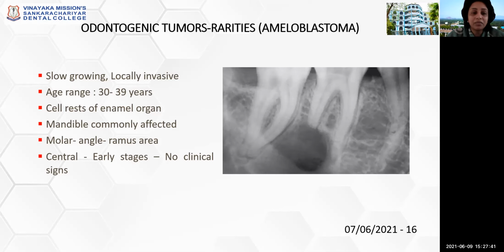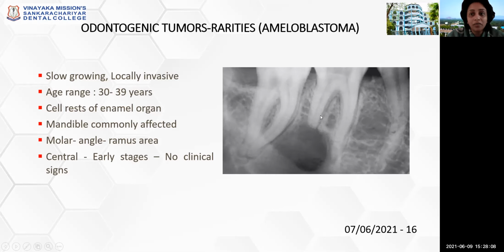Here we have taken only the ameloblastoma. The commonest one is ameloblastoma, and also odontogenic myxoma, which sometimes in the early lesion gives a unilocular appearance beneath the apex of the teeth. It should not be neglected and should be considered for the possibility of early-stage ameloblastoma.